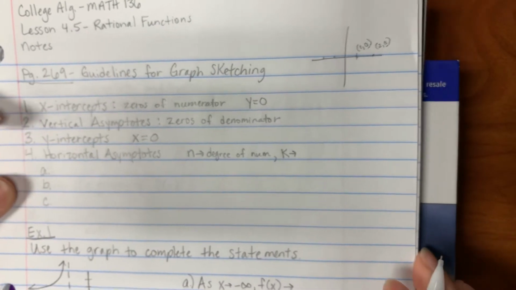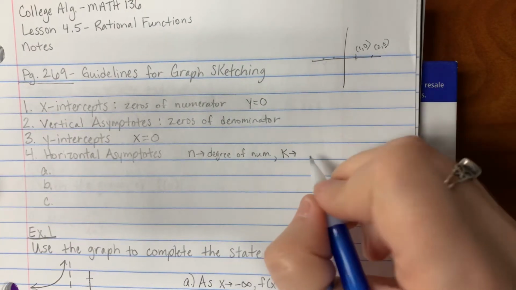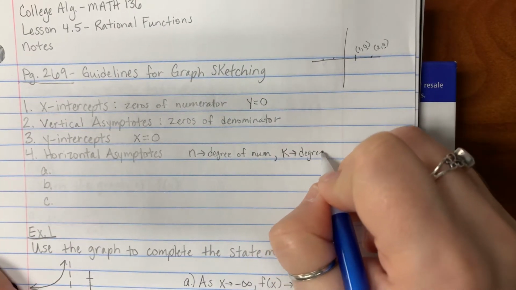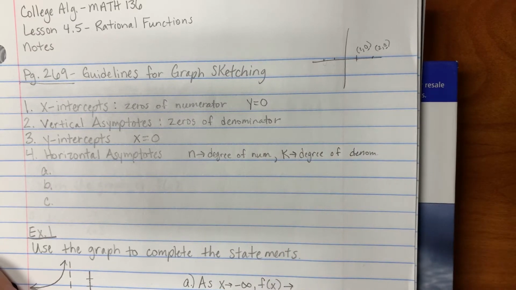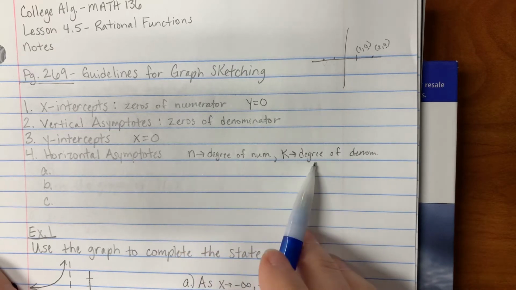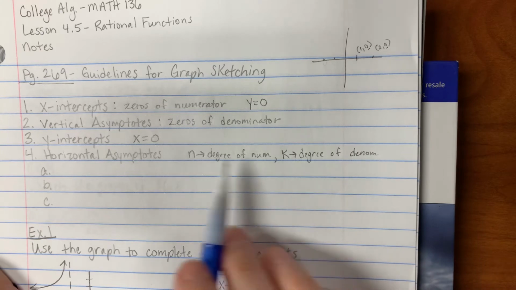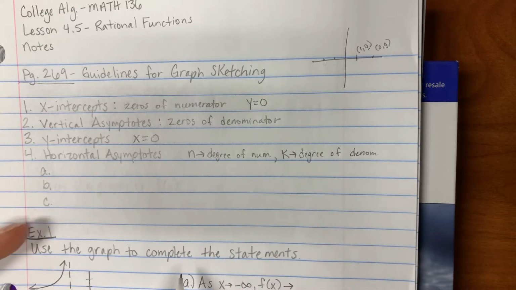And then k is the degree of your denominator, okay? So I want you to find those two degrees. You're looking at exponents there. It's the largest exponent in there. That's the degree of each of those.